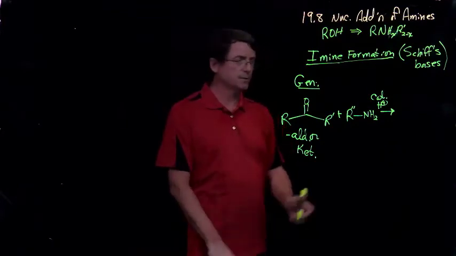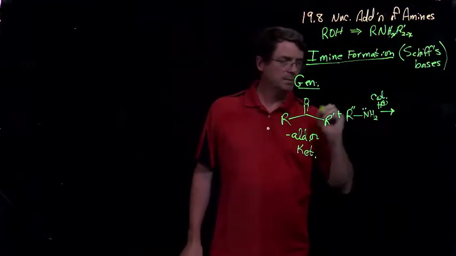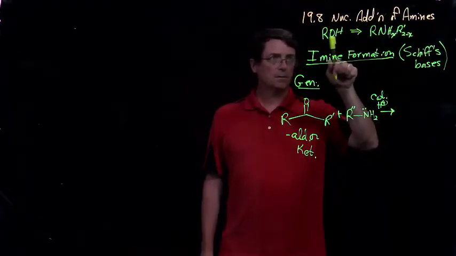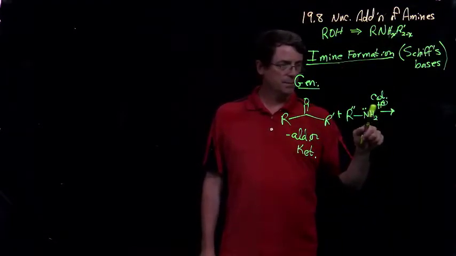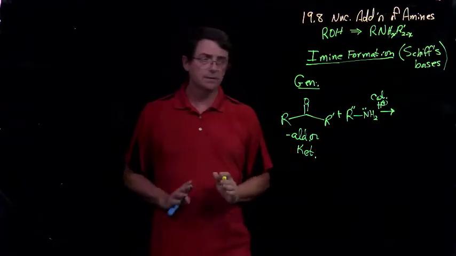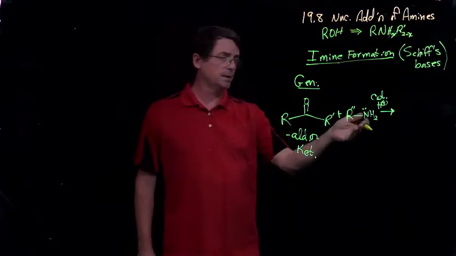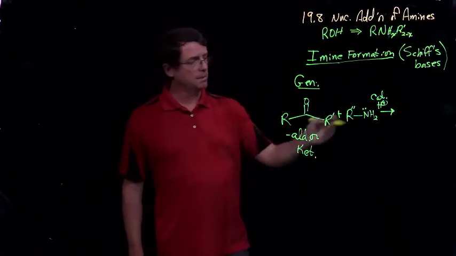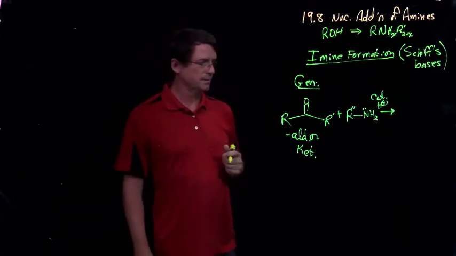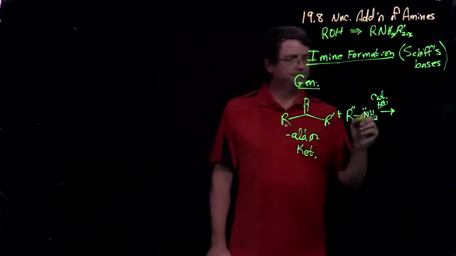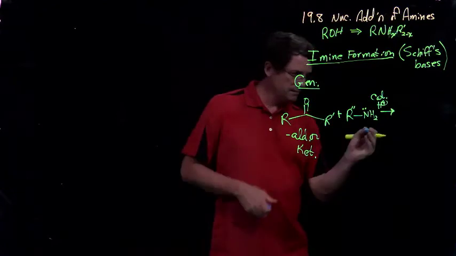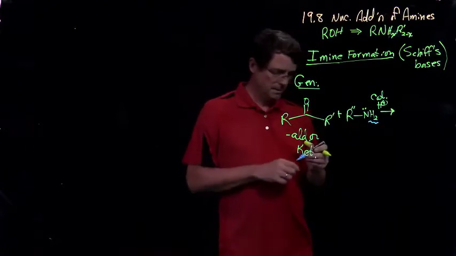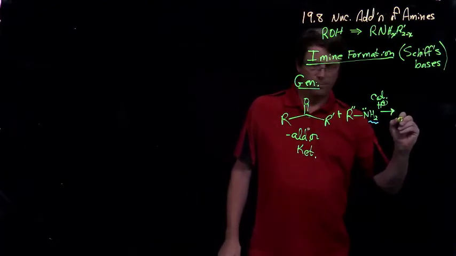If you put too much, of course, the amine is much more basic than the alcohol was, and so if you put too much catalyst, the reaction slows down because you protonate it and make ammonium. You have no lone pairs left to act as nucleophiles. So we have two hydrogens here.